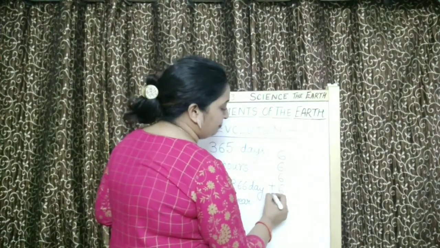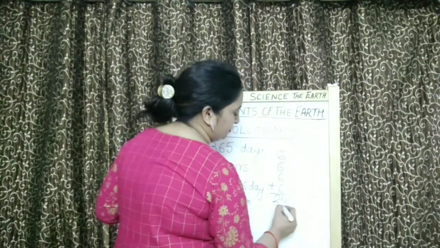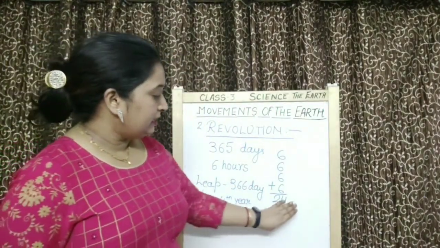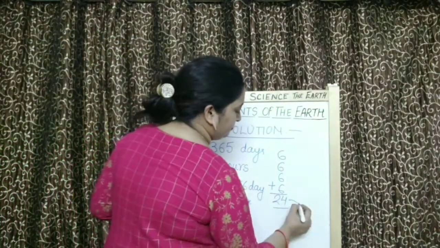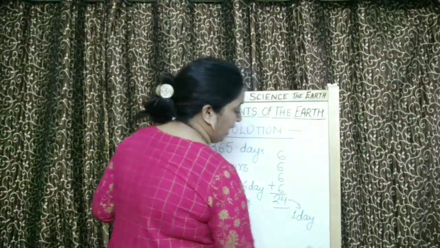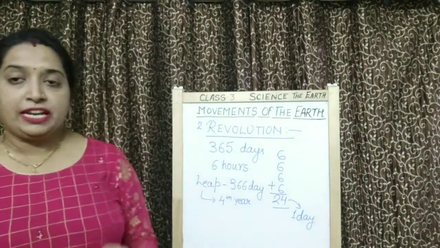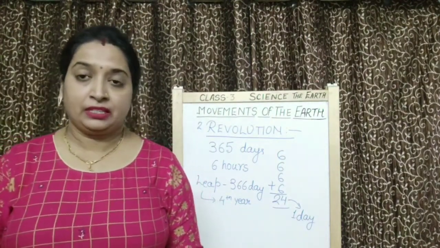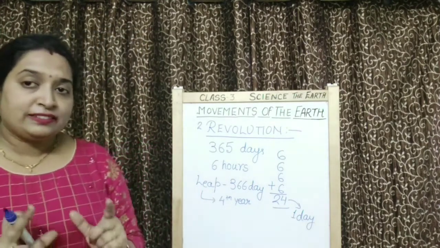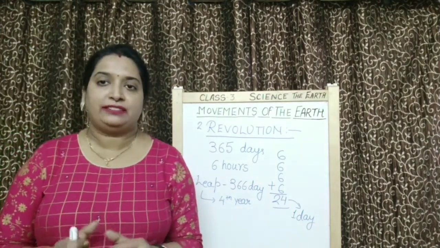If you add them, the answer will be 24. That means these 24 hours will make one day. And that one day we count in a leap year. That's why a leap year has 366 days instead of 365.